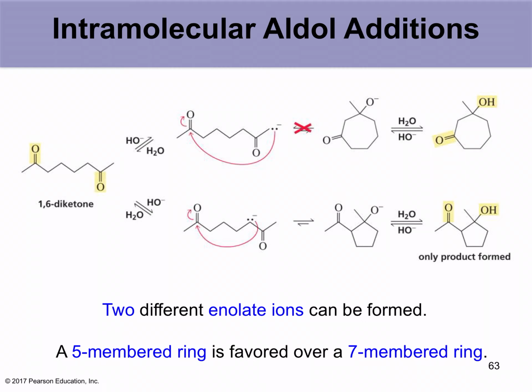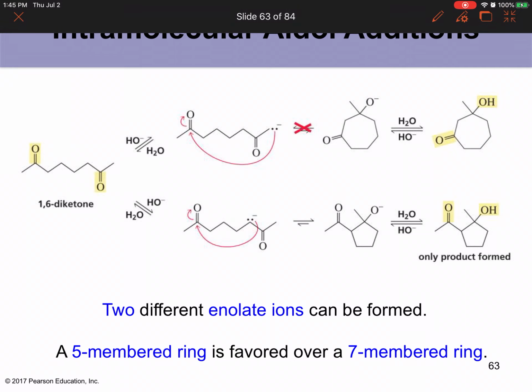So this one, the second one, if you form the carbanion here, if this alpha hydrogen is lost, carbanion would be formed here. Now we are making the bond between, if I number them 1, 2, 3, 4, 5. So the bond is going to form between 5 and 1.